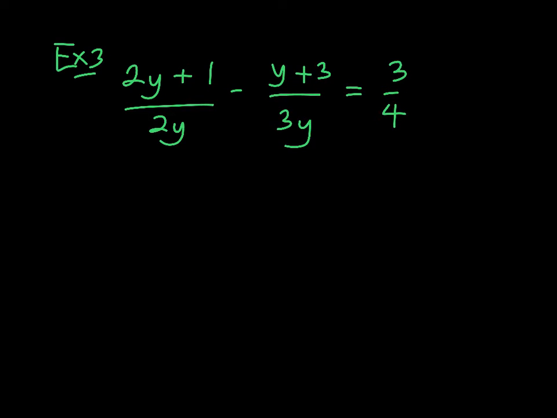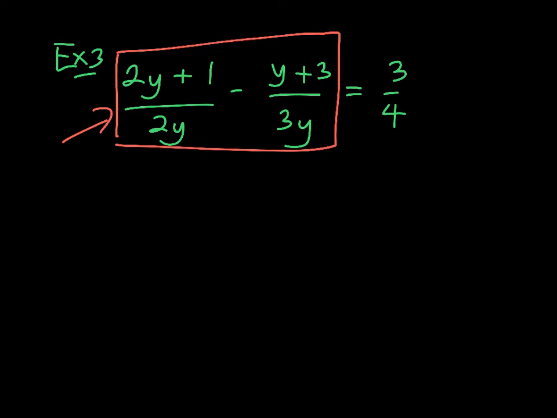Next, (2y plus 1) divided by 2y minus (y plus 3) divided by 3y is equal to 3 over 4. So the first thing to do here is to make this whole thing a single fraction. Okay, and then we can cross multiply with what is on the other side of the equation. So how do we make this a single fraction?